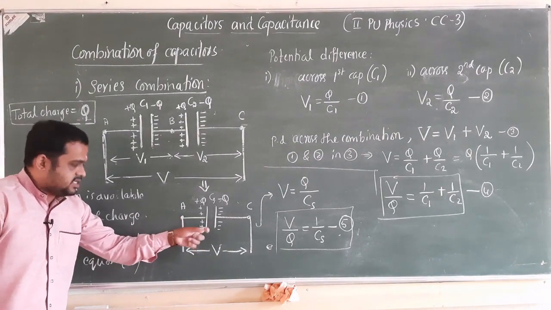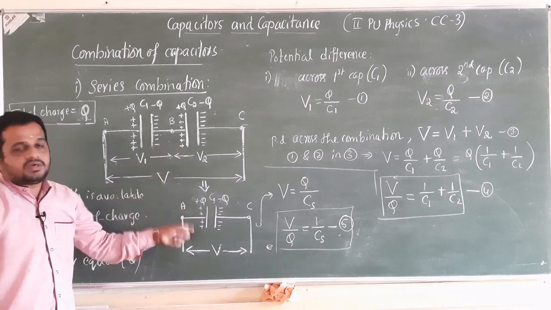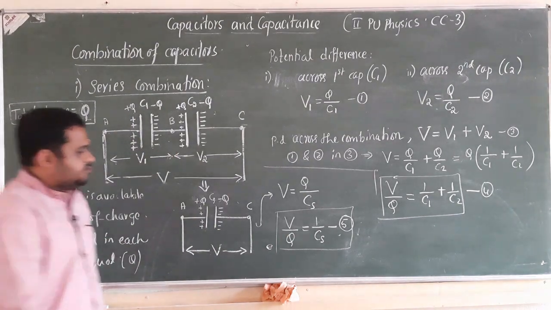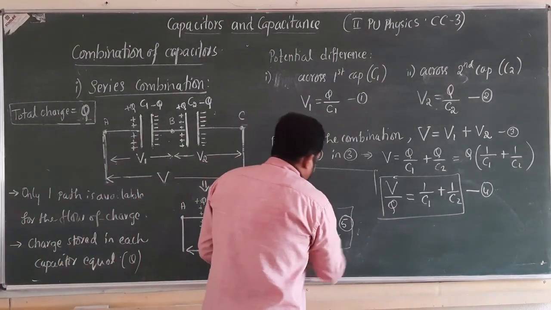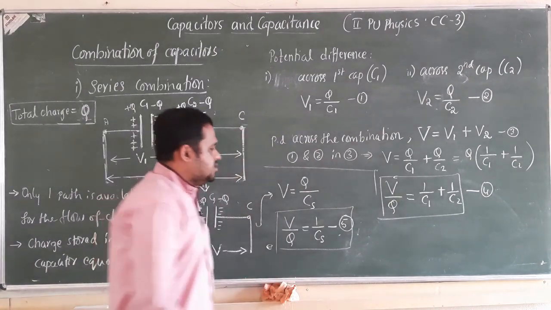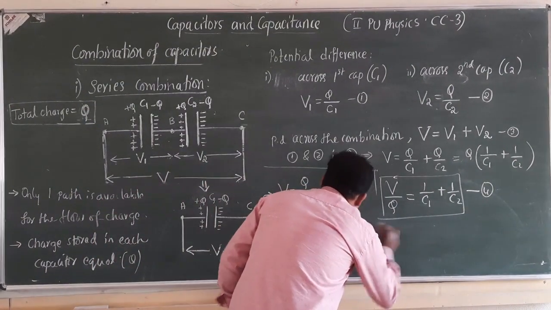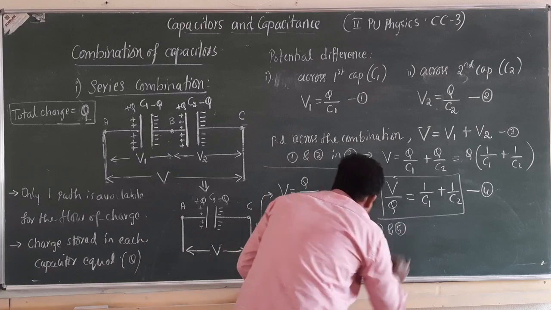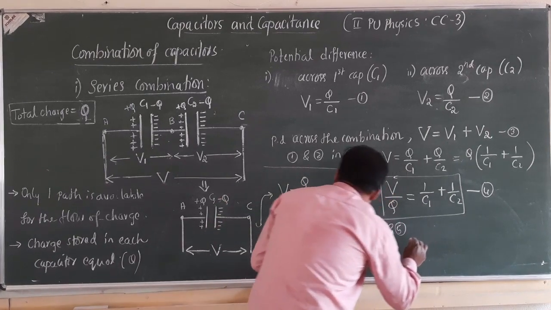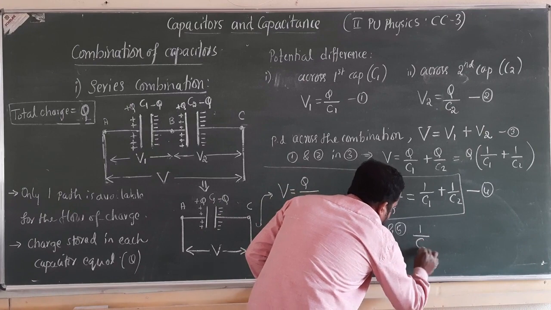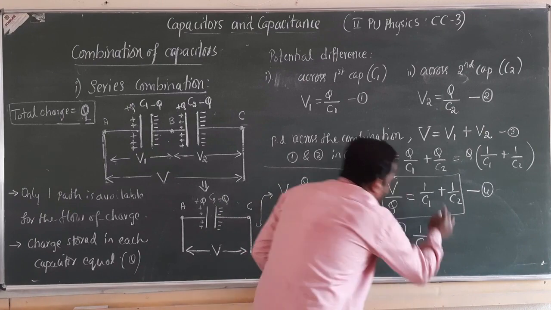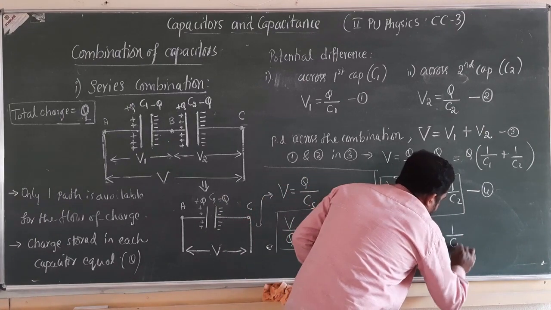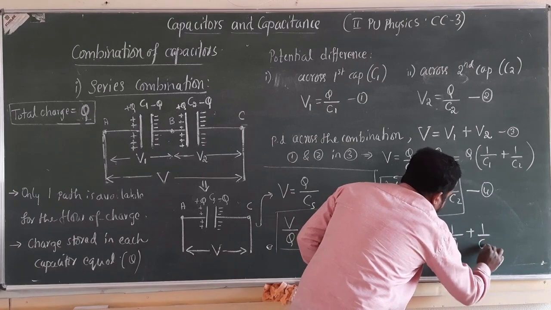Since this is an equivalent capacitor, these two conditions are the same. Therefore, since the left hand sides of these two equations are the same, comparing equations 4 and 5, the right hand side of equation 5, 1 by CS, is equal to 1 by C1 plus 1 by C2.